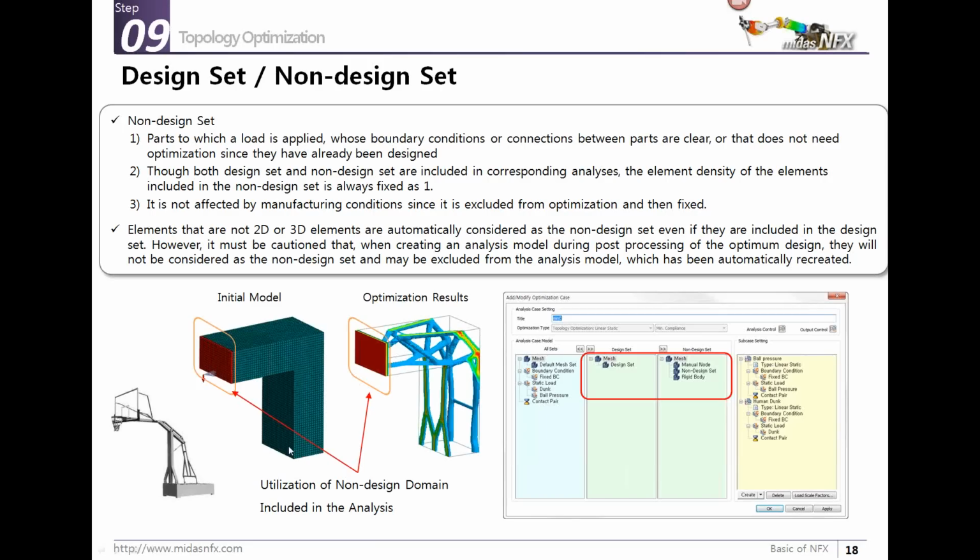In this basketball hoop example, this board is set as the non-design set domain. So you see that it doesn't change after the optimization. If you have some 2D or 1D element or maybe rigid link in your model, this will be automatically set as a non-design set because it cannot change the mesh density.